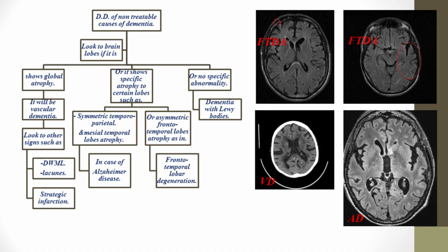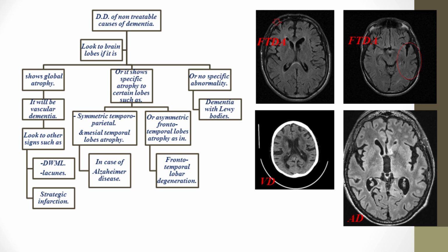Differential diagnosis of non-treatable causes of dementia. Look at the brain lobes. If it shows global atrophy, it will be vascular dementia. Look for other signs such as deep white matter lesions, lacunes, or strategic infarctions.